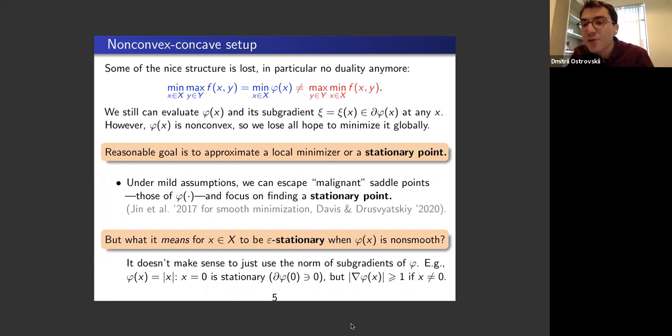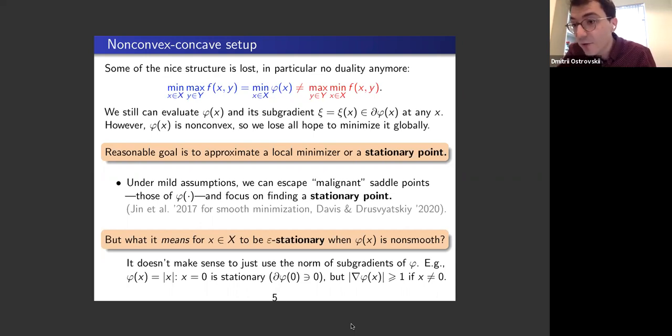So to do it, let me first remark, and most of you probably know this, that if you have a function phi of x, even if it's convex, as soon as it's non-smooth, you cannot just talk right away about its near stationary points. So think about a sharp function, a function with a kink, like absolute value of x. We know what a stationary point is. It has a sole stationary point, which is 0.